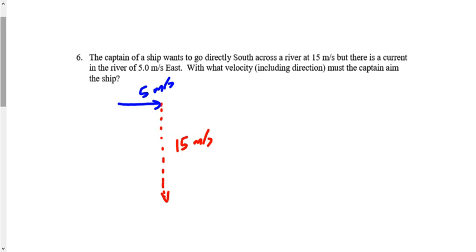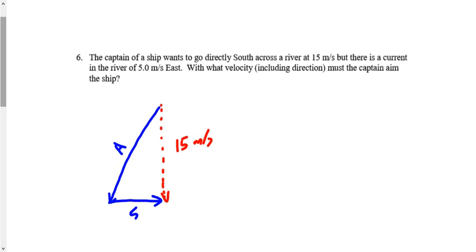I got a couple of options to do it correctly, but what I would suggest you do when you draw your dotted line vector first is to take your solid line vector that you have and draw it at the end. So draw it down here, such that it's drawn head to head. Why? Well, because that allows me to draw my other solid line vector, my other contributing vector, where I have to aim, my aiming vector. We'll call this A because it's my aiming vector, although you really call it whatever you want.